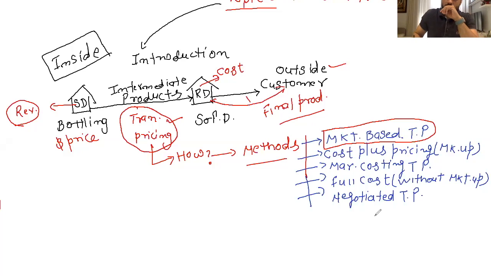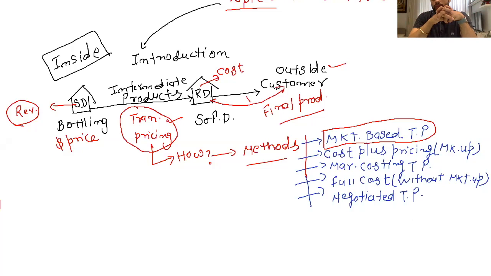Can I ask whether transfer prices can be applied between 2 subsidiaries or 3 subsidiaries? It can be applied, no problem, as long as there is a transfer of goods and services from one subsidiary to another.